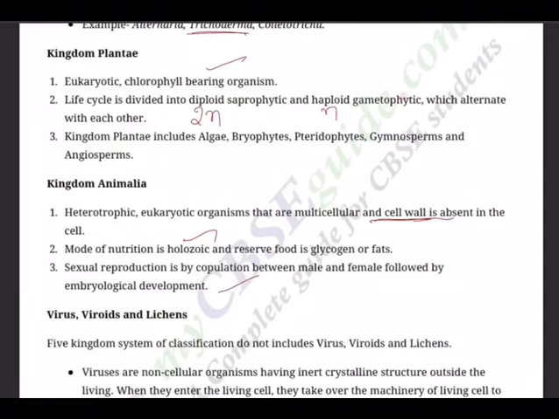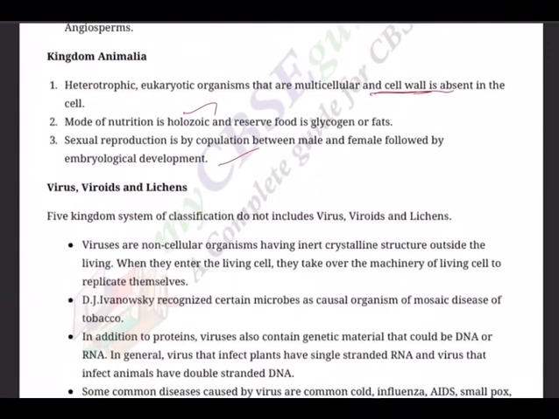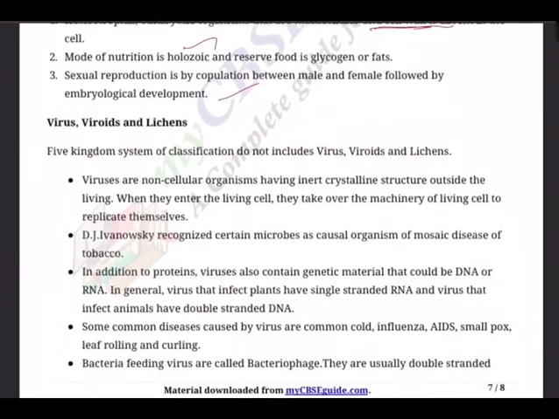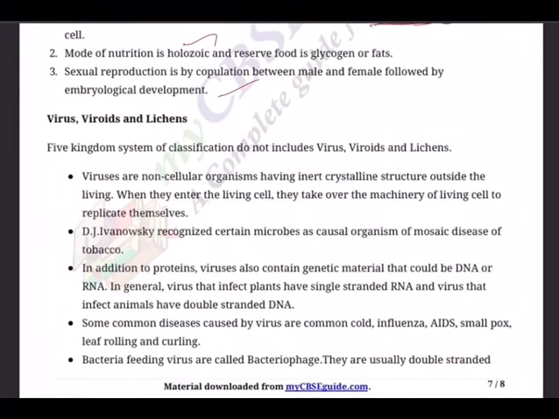Moving ahead, we will also be talking in this chapter about viruses, viroids, and lichens. I know the moment I said virus, you are very scared. COVID-19. Don't worry. So, the five kingdom system of classification does not include viruses, viroids, and lichens. Viruses are non-cellular organisms having inert crystalline structure.